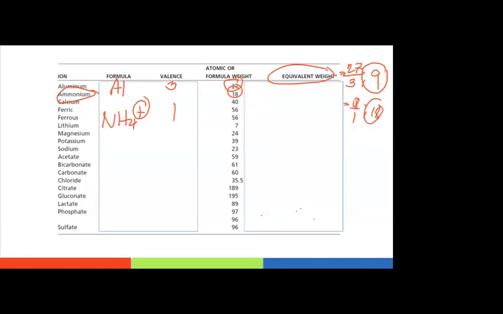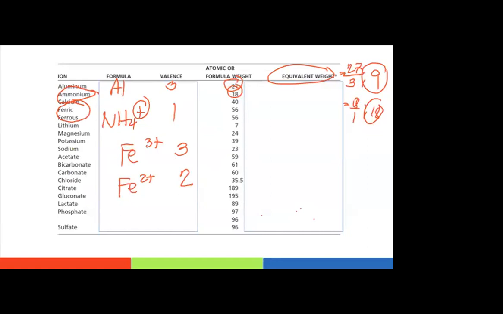Sige, pili pa ako. Yung ferric sa ferrous. Ferric is Fe, 3 plus or 2 plus? 3 plus. How about ferrous? 2 plus. Ano ang valence pag ferric? 3. Tama. Ano naman ang valence pag ferrous? 2. Kung ano yung charge, yun din ang valence. Okay.